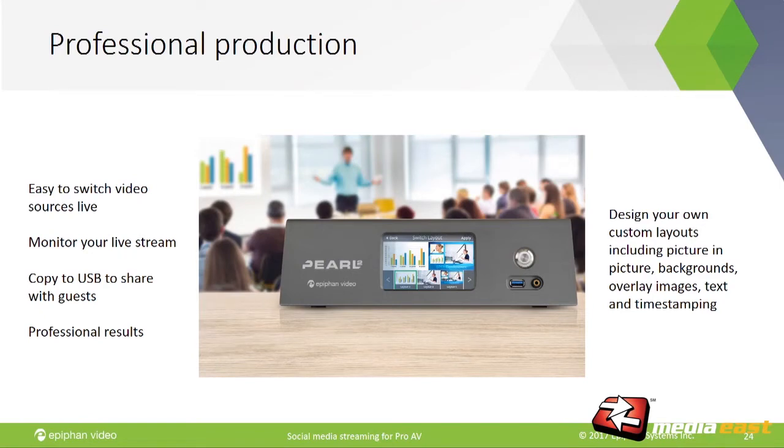Some of these more professional devices, when you step up to them, have that capability to take your program out and stream it at multiple bit rates. You'll notice right now Facebook is recommending 720p at about 3 megabits as the ideal uplink, whereas on YouTube, you can go all the way to 4K if you like, if you have the bandwidth to do that. So some of these more professional systems will allow you to encode that content at different bit rates and at different resolutions, which gives you a lot more flexibility to tailor it for the platform that you're on.